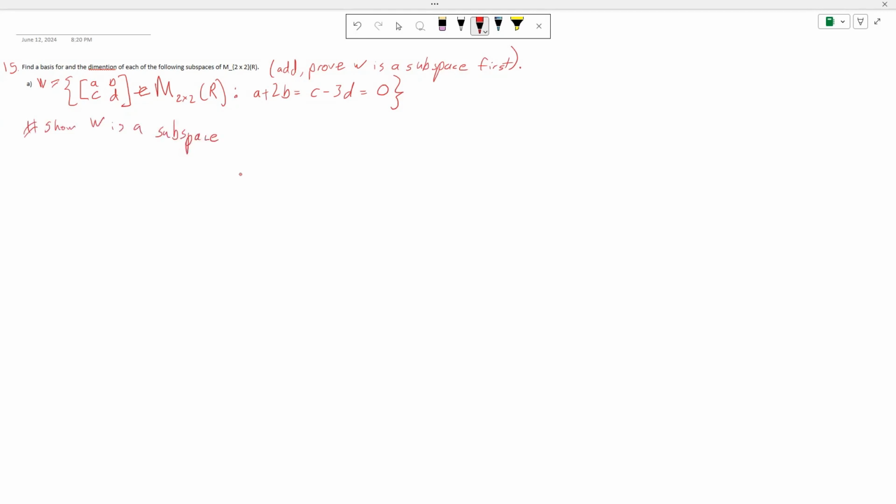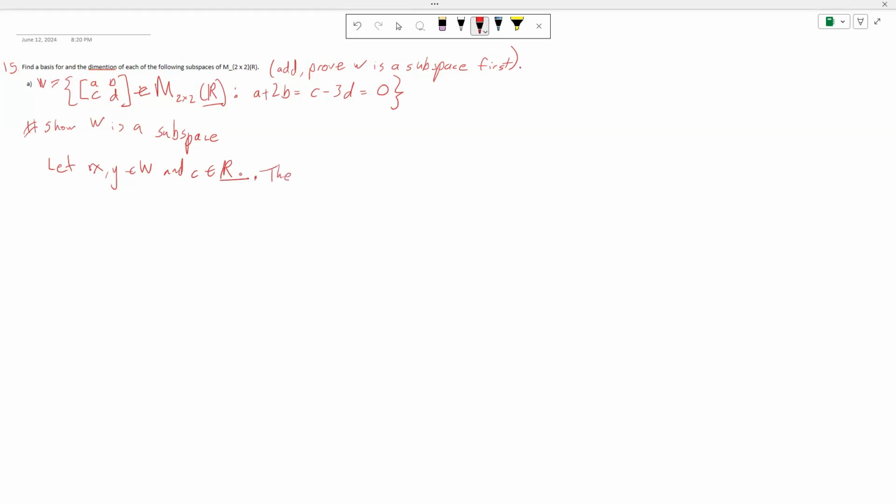To do this, we're going to let x and y be in W and c be in the set of real numbers. Now, why did I pick real numbers? Because my field is the set of real numbers.